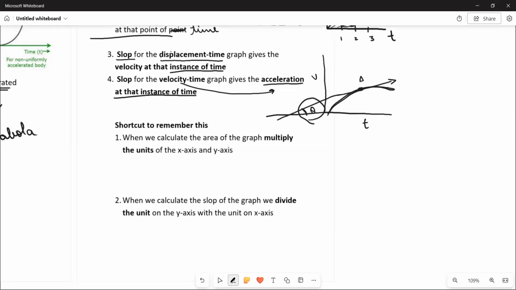So whenever we'll be calculating the area, we are supposed to multiply the units of the x-axis and the y-axis. Multiply the units of the x-axis and y-axis. We saw that whenever we were calculating the area under the velocity time graph, we got displacement. Displacement is in meters.